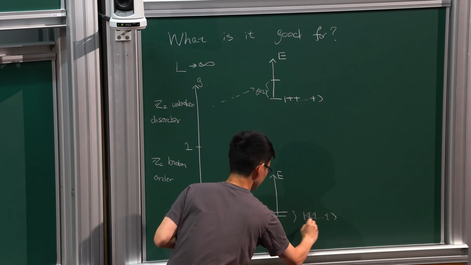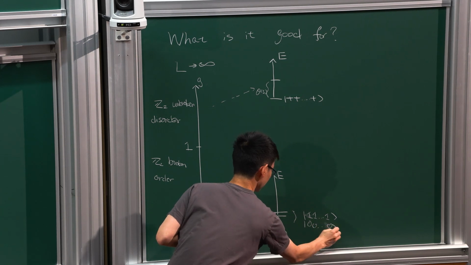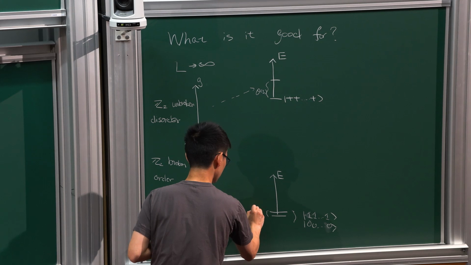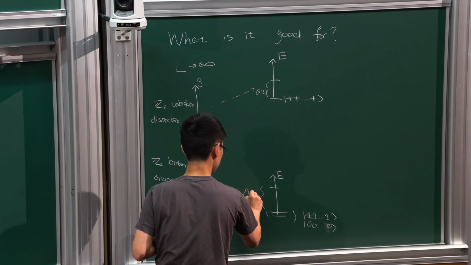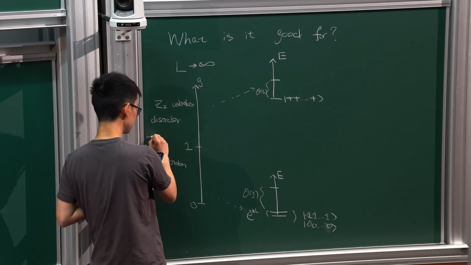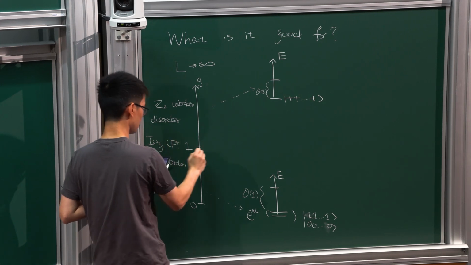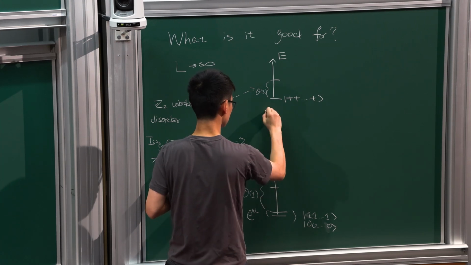It's important that there are linear combinations of these states, where their separation is e to the minus L, some number, and then there is some order 1 gap. But if you are right at the Ising CFT point, G equals 1, your spectrum will look like this.